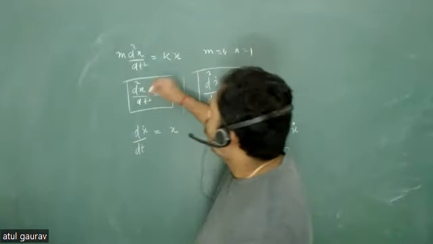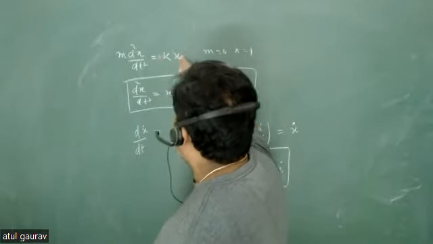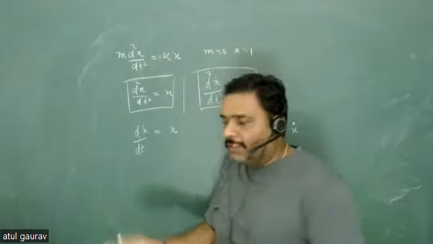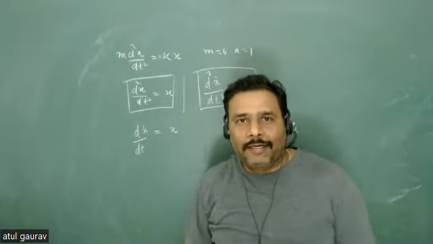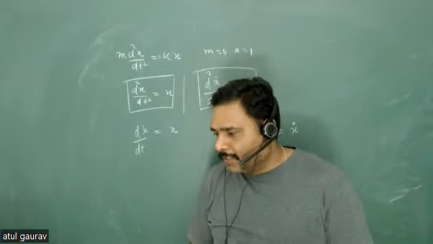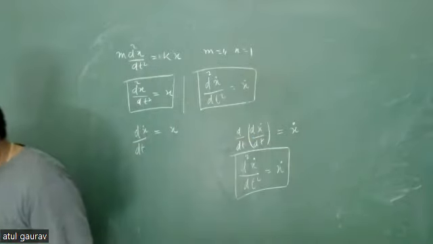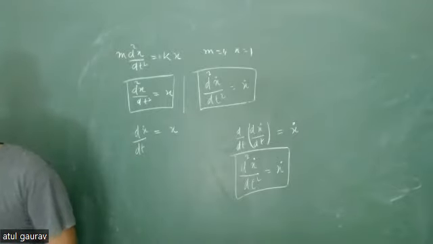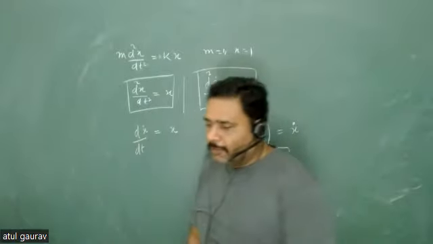We will solve one time with plus kx, another time with minus kx, and see which type of solution can be there. Then again we will introduce the velocity part and see what happens in the next class. Are you people happy? Yes, sir. Okay, so this is from my side for the first class, that is equation of motion.